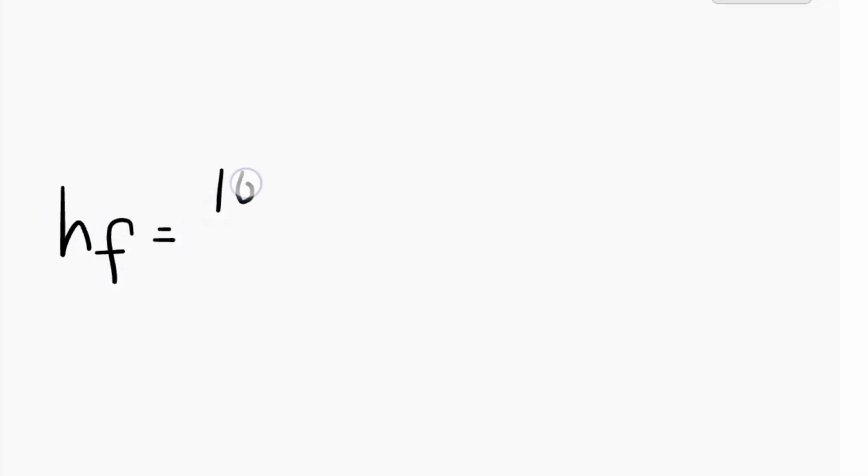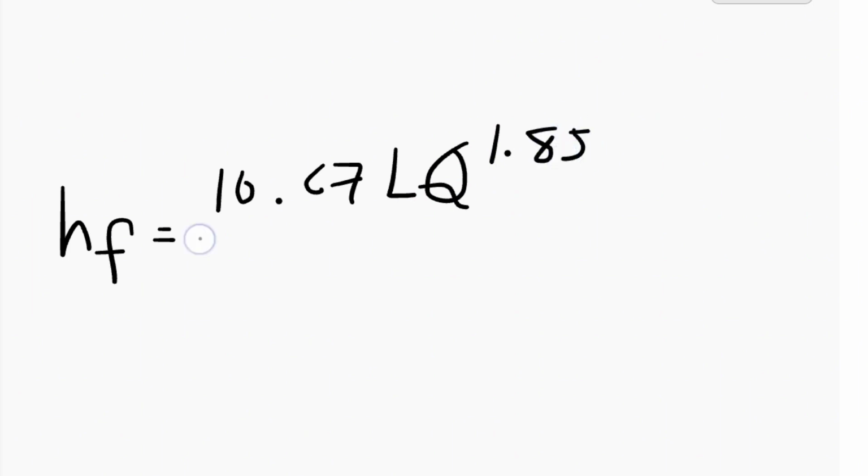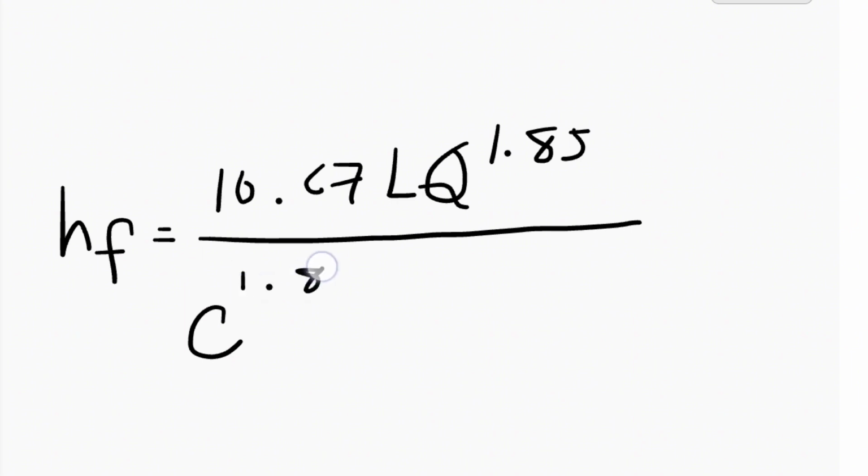The major head loss using the Hazen-Williams formula is equal to 10.67 L Q raised to 1.85 over C raised to 1.85 times D raised to 4.87. And again, this is an SI unit.